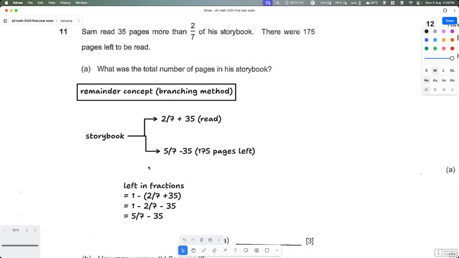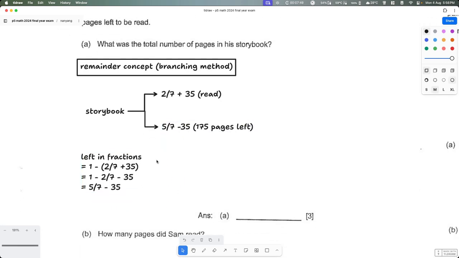So 5 out of 7 of the pages minus 35 is equal to 175. That means 5 over 7 is equal to 175 plus 35.